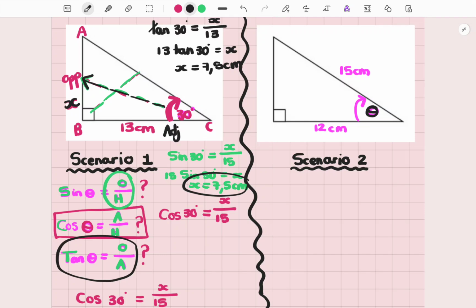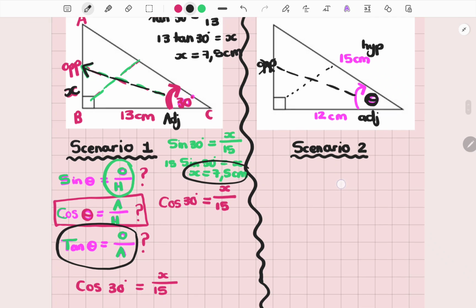And then in scenario 2, we are looking for the angle size. All right, so again, from theta, depends on which angle you are working from. So from theta, we are not going to work with the opposite, but that's where the opposite is. We are working with the hypotenuse and the adjacent.